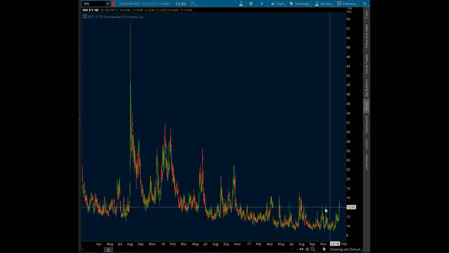Only about 7 times last year, or about 9 times, the VIX spiked up to these levels. And the year before, you can see these spikes, they're rare.